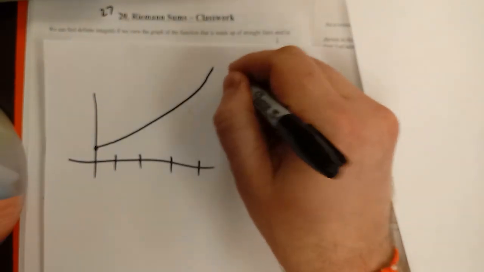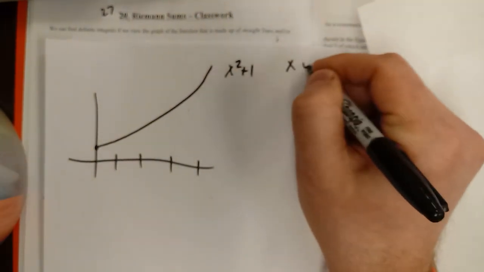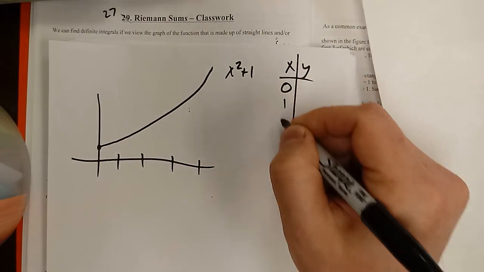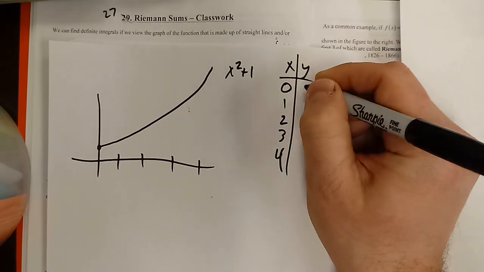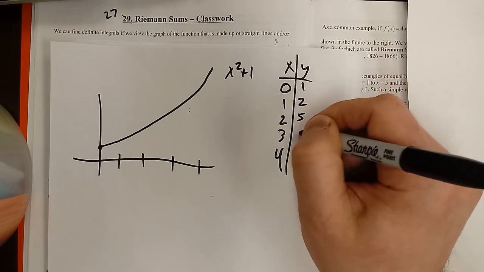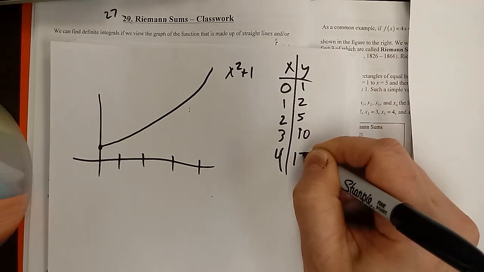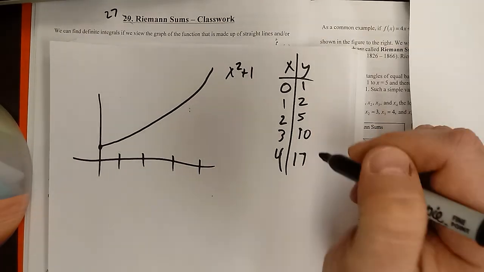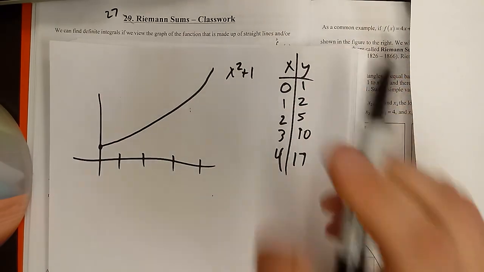So, same curve, x squared plus 1. I'm going to pull out my 0, 1, 2, 3, 4. Heights were 1, and then 2, and then 5, 10, and then 17. Yeah, okay, so just recalling them from earlier.